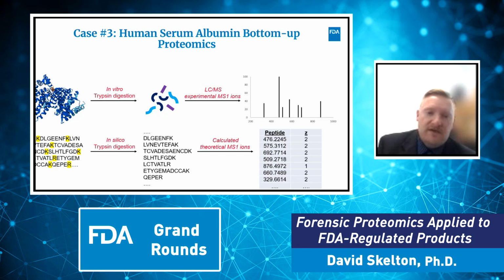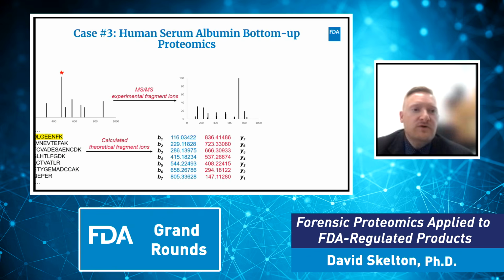If any of these masses match, then we want to see, okay, does the sequence also match? And this is the same process we have done before, where we are just looking at the experimentally observed fragment ions from our peptide and comparing that with the theoretical fragment ions that we would predict from that peptide. If they don't match, then we say that it is not assigned to that sequence, even though the intact masses may match.